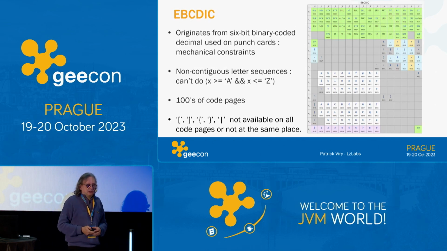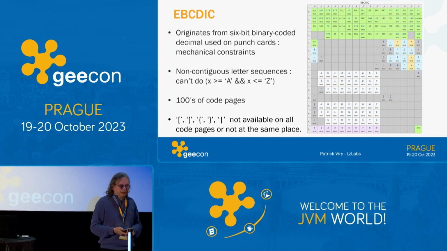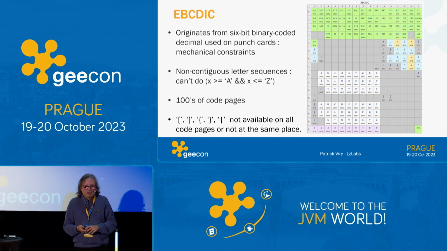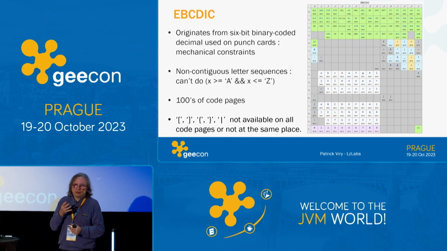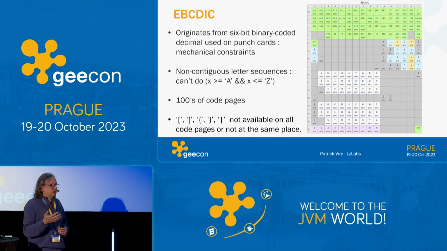So I mentioned the EBCDIC encoding. That's the encoding table here on the right. It originates from punch cards. And the earlier punch cards had several constraints.